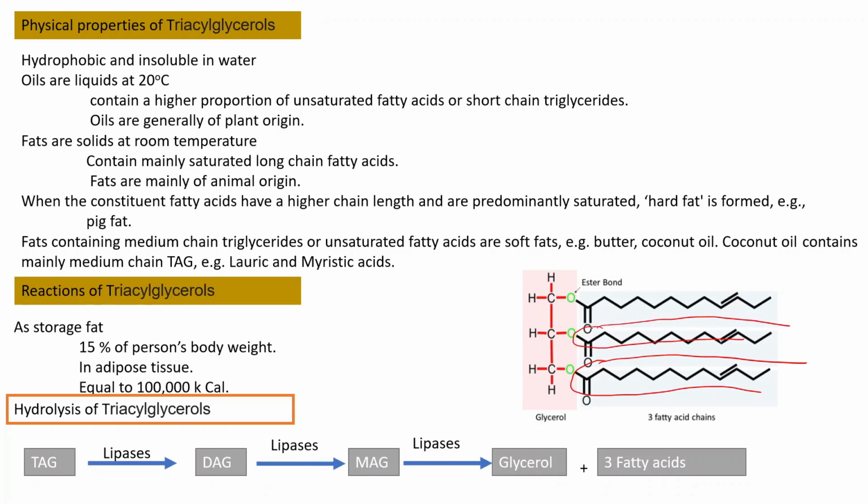And what will result? Monoacylglycerol will form. Monoacylglycerol means only one of the OH groups is esterified to a fatty acid. And as the lipases again act on this monoacylglycerol, the remaining fatty acid chain is also freed, resulting in glycerol plus 3 fatty acids. So that is the hydrolysis reaction of triacylglycerol.